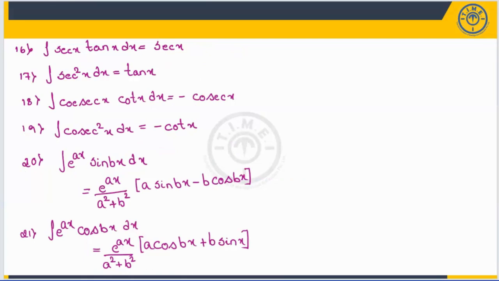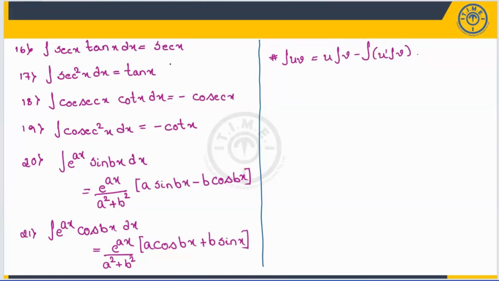And again, when I was writing these formulae, I need you to remember one more, that is the generalized one, the integration by parts. So integral UV. So what is integral UV? It is U integral V minus integral of U dash into integral V. So this is integration by parts.